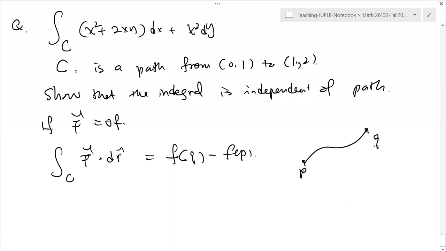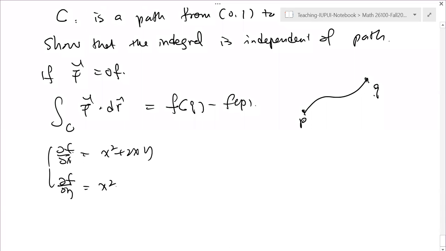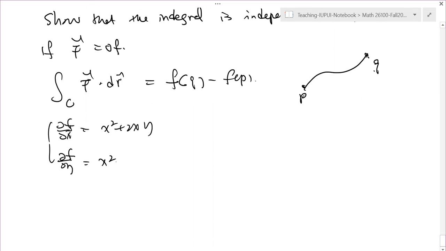So all I have to do is just find the gradient of some function. Okay. So you're trying to find this f. Well, because you're told that this integral will be independent of path, the vector field should be the gradient of a function. So you should be able to solve it. Okay. You can use the second equation or use the first equation, doesn't matter.